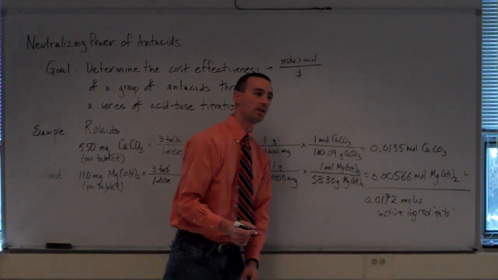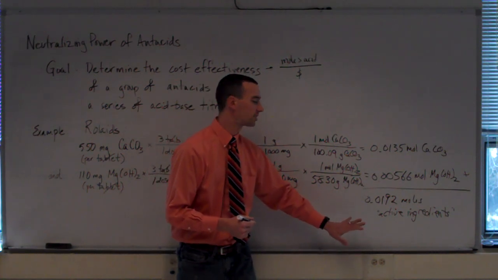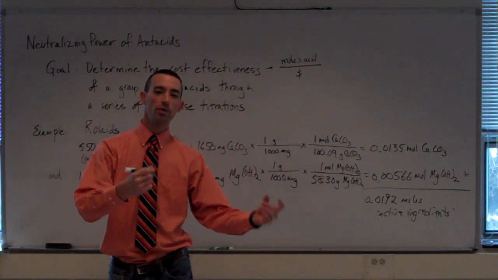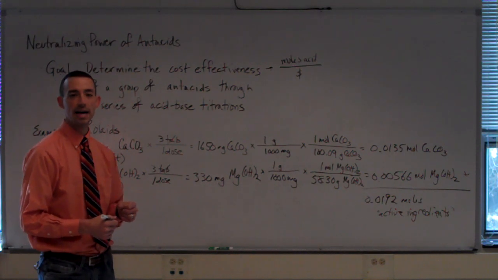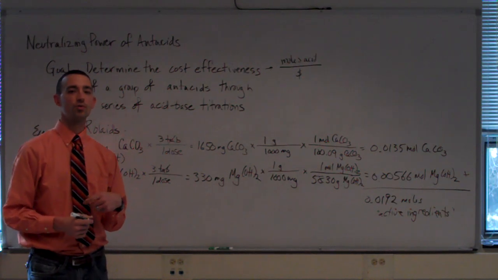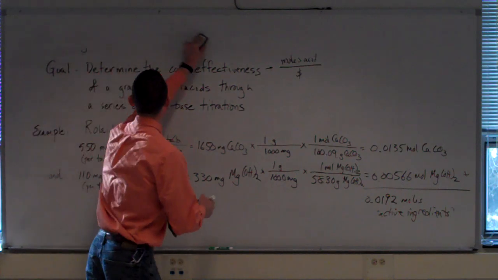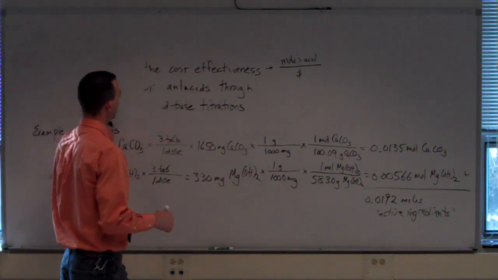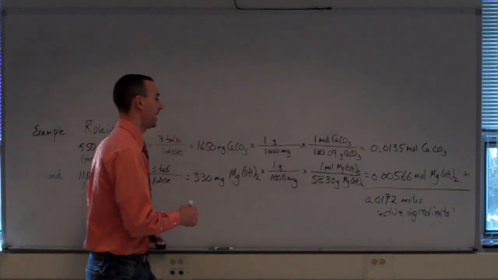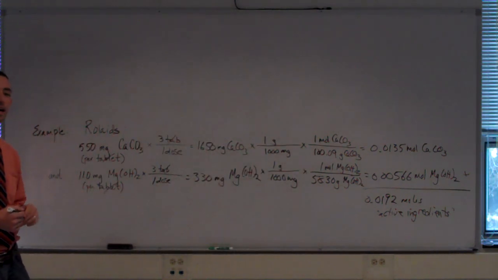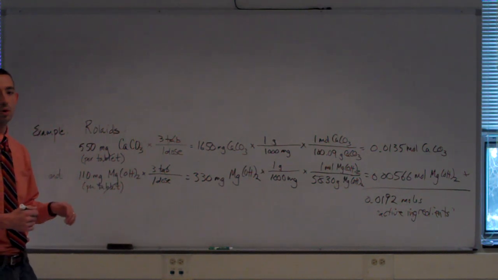And that term active ingredients is referring to the materials that actually do something when you ingest your tablets of Rolaids or any other antacid. So those are the compounds that are going to react with the hydrochloric acid. This is actually the first question in your pre-lab for this exercise, to determine how many moles of active ingredient are in a dose of Rolaids. So we see it's 0.0192 total moles.